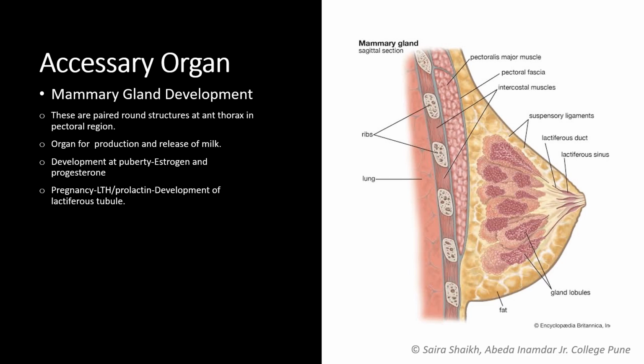At the time of pregnancy, the prolactin hormone, which comes from the pituitary gland, also called LTH, luteotrophic hormone, helps in the development of milk ducts, that is the lactiferous ducts.